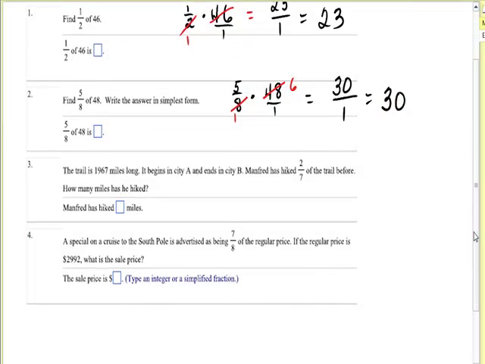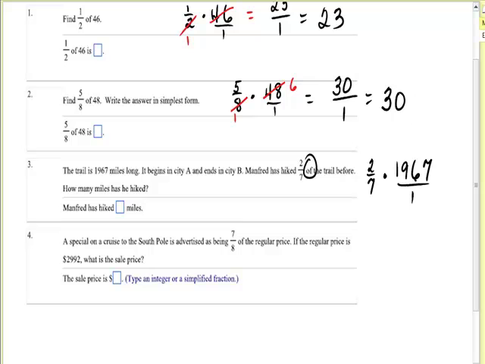All right, number 3. A trail is 1,967 miles long. It begins in City A and ends in City B. Manfred has hiked 2/7 of the trail before. How many miles has he hiked? He has hiked 2/7 of, so multiply 1967, which I'll put over 1.